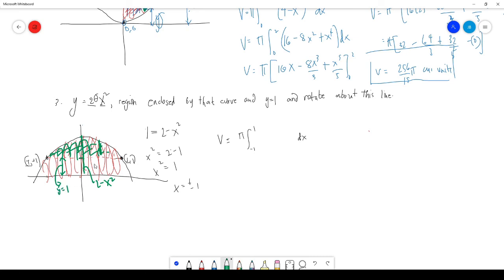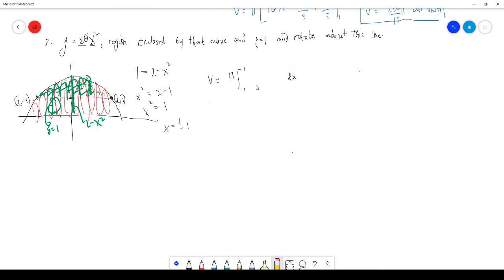Now if we subtract the whole of this and this, that is our f of x, or our radius. Therefore, we now have 2 minus x squared minus this one, which is 1, then squared. So that would be pi from negative 1 to 1 of 2 minus 1, that's 1 minus x squared, squared dx.